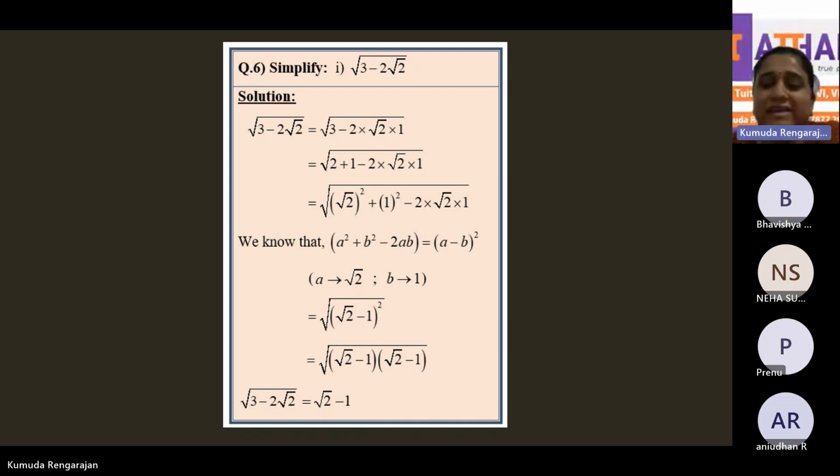Read out your steps. Ma'am, 1 by root 7 is equal to 1 by root 7 into root 7 by root 7 is equal to root 7 by 7. Very, very good. Is equal to 2.646 by 7, which is 0.378, ma'am. Super. Yes, you are right, Bhavishya. That's how we will have to work this.